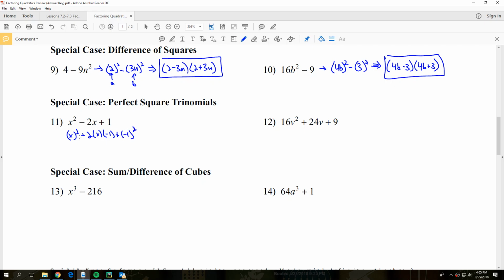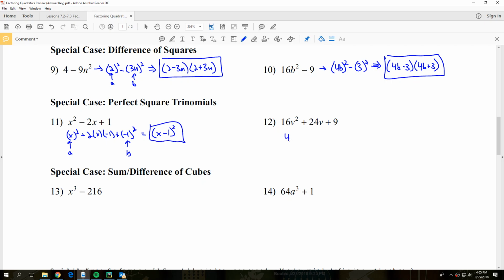If you were to expand this whole thing out. So in this first one, a is x and b is negative 1. X minus 1 squared. And there you go. There's your factors.